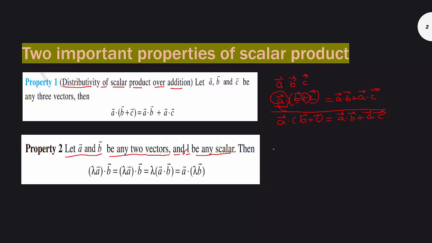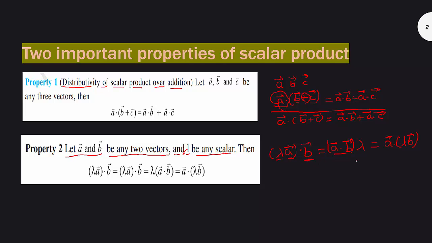Then lambda multiplied with A dot B can also be written as vector A dot B multiplied with lambda, or further it can also be written as vector A dot lambda vector B. That means lambda can be multiplied to any of these two vectors.